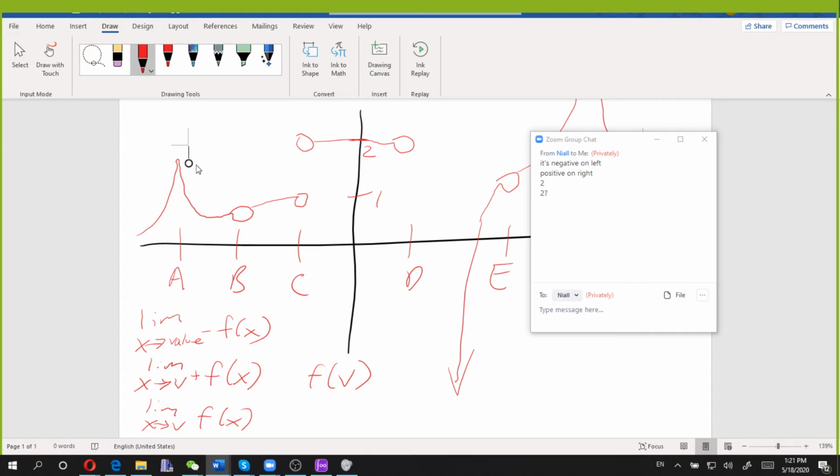Two. Okay, what's my limit from the right? Also 2. What's my general limit?